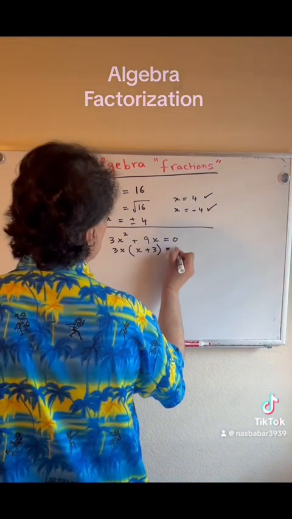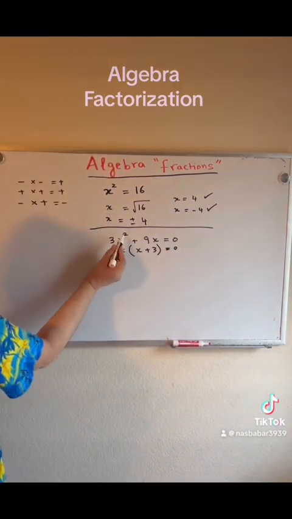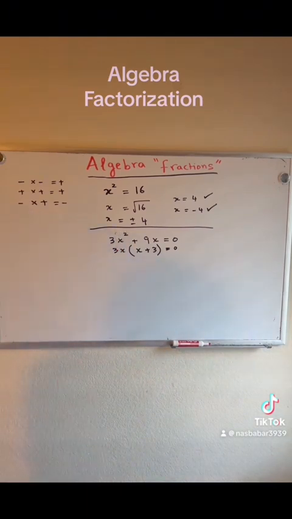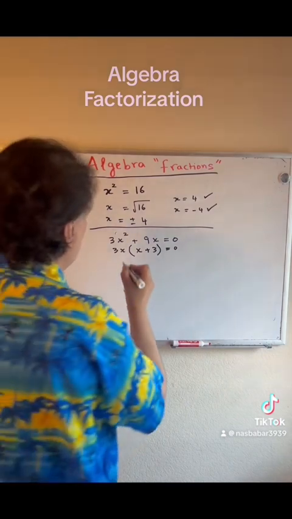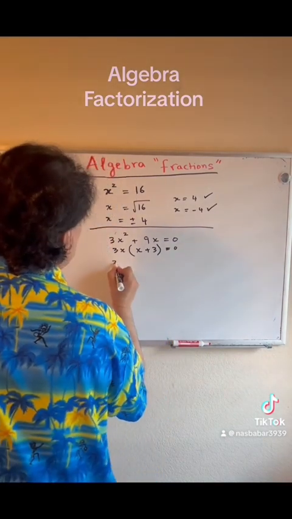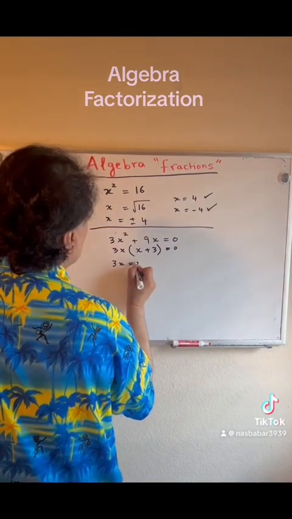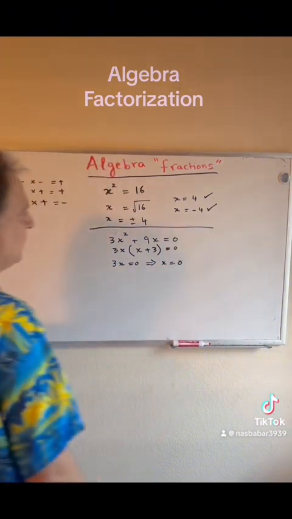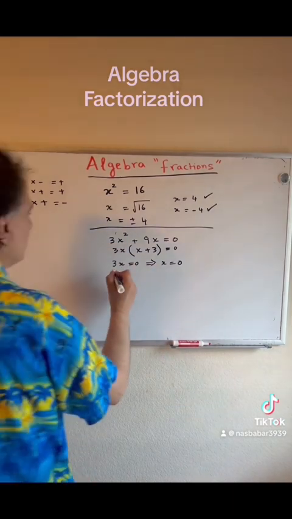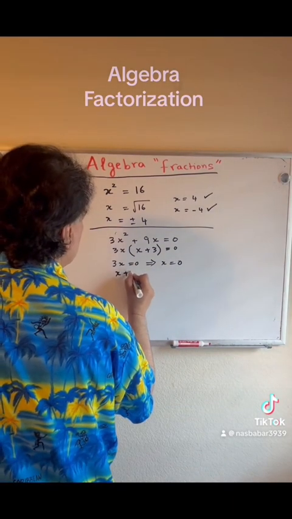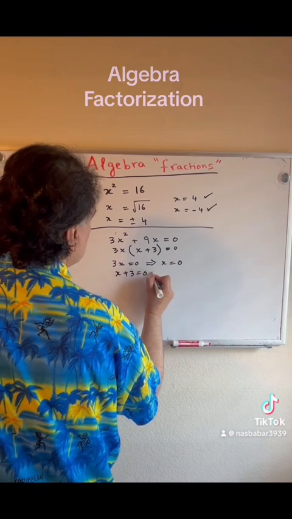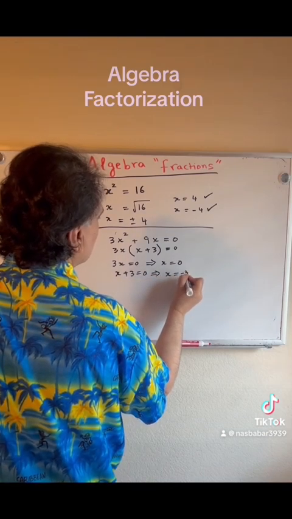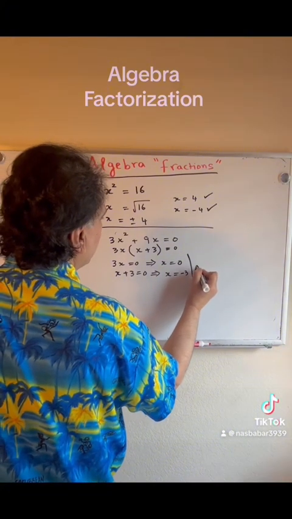So 3x times x plus 3 is equal to 0. Then this square, which is in the exponent, dictates that I have 2 solutions. One is 3x is equal to 0, which implies that x is equal to 0. And then the second one is x plus 3 is equal to 0, which implies that x is equal to minus 3. So these 2 are the answers.